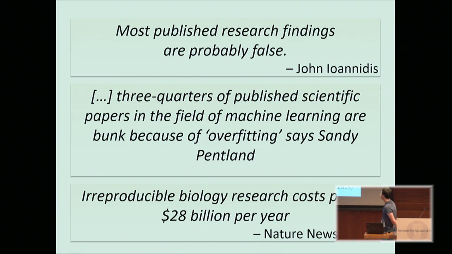And Nature News estimates that irreproducible biology research costs up to $28 billion a year. Cynthia and I recently applied for a grant to study this and argued it would pay for itself.